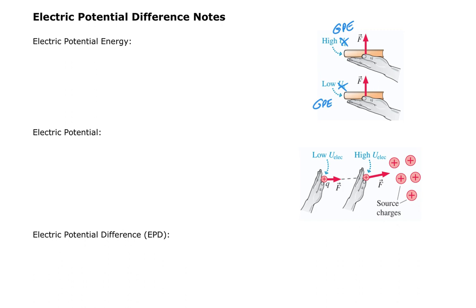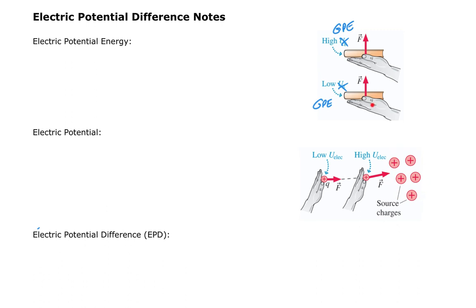Now, let's take a look at a similar situation with a positive test charge down here. Right here we have our positive test charge, and over here we have what we're going to call source charges. This is the source of the electric field. We haven't talked about fields, and you don't really have to understand an electric field.